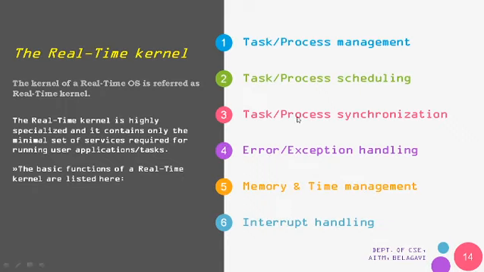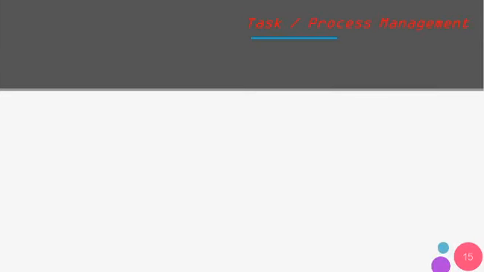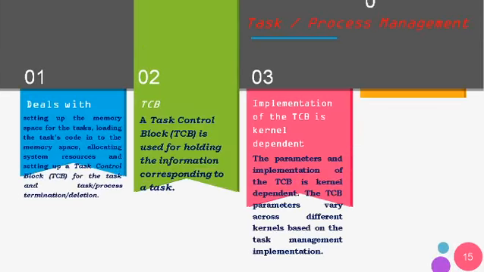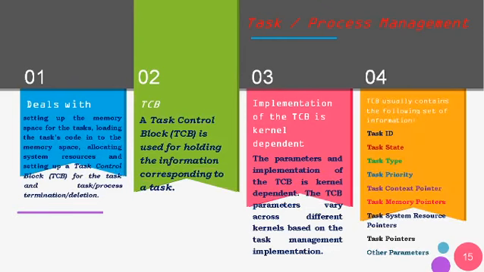Now coming to task or process management. It mainly deals with setting up the memory space for the task, loading the task code into the memory space, allocating system resources, setting up a task control block, that is the TCB, for the task, and task or process termination or deletion.